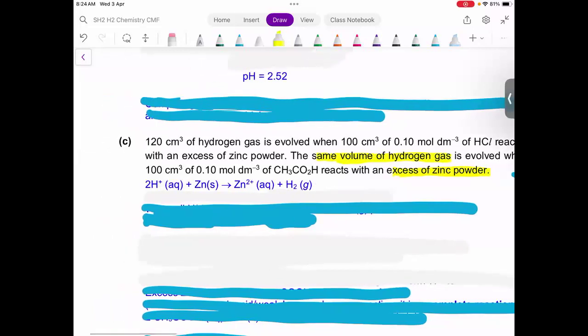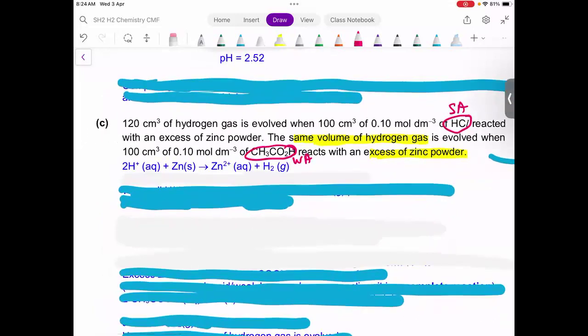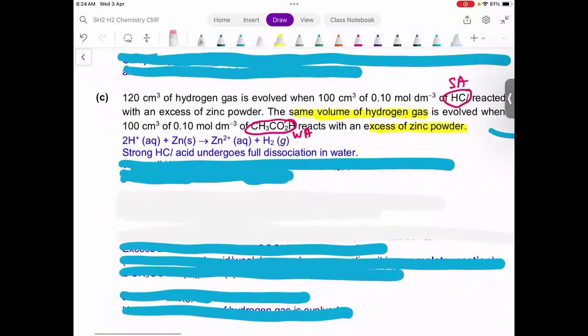Okay, so other than recognizing that we are comparing acids of different strengths, strong acid, weak acid, we recognize that there is a reaction, and this reaction is a complete reaction. Okay, so strong acid, of course, undergoes full dissociation.